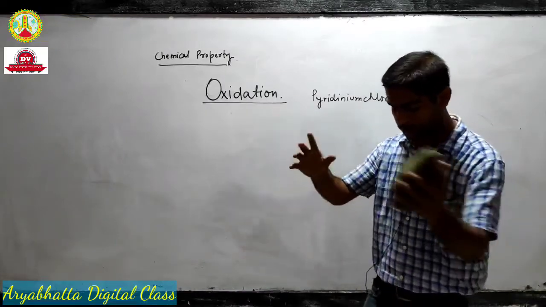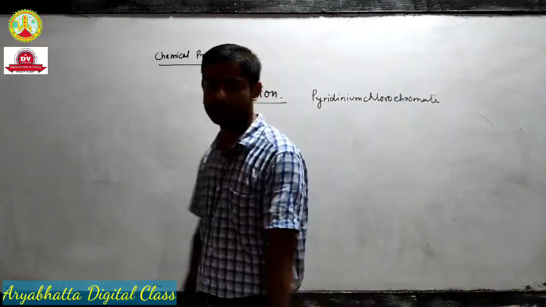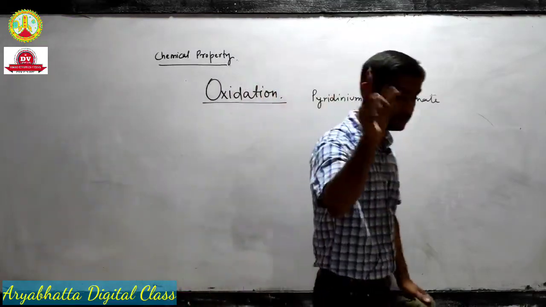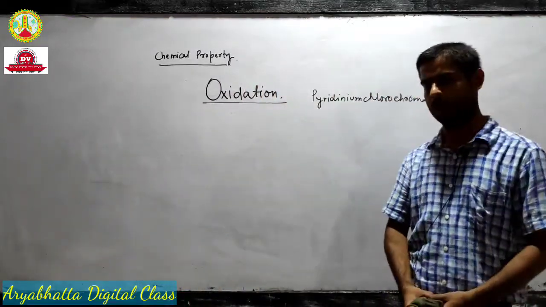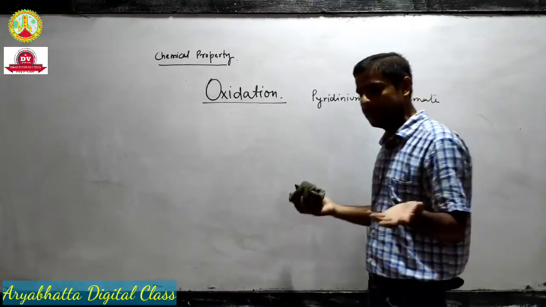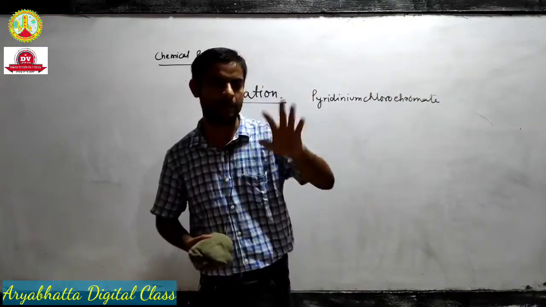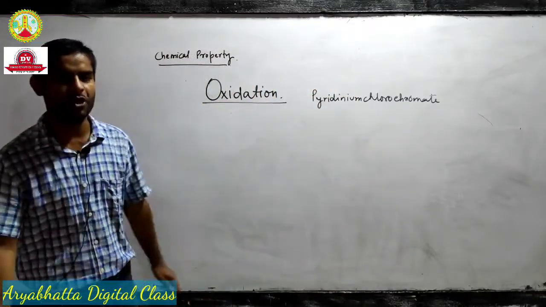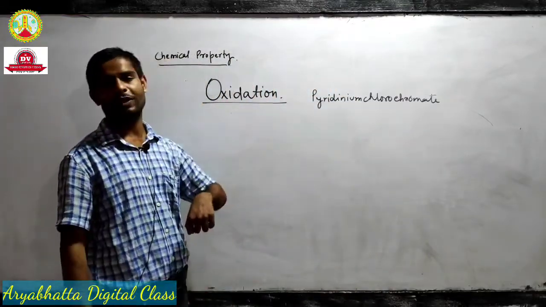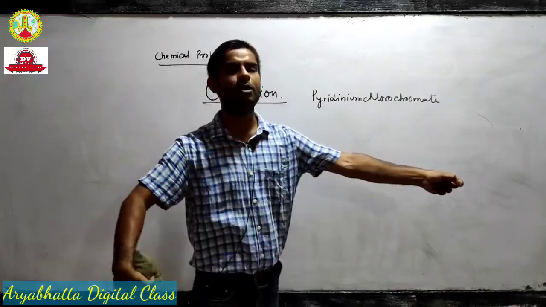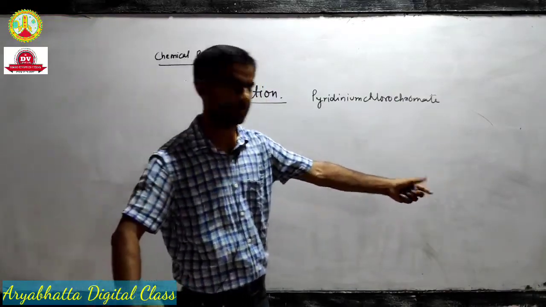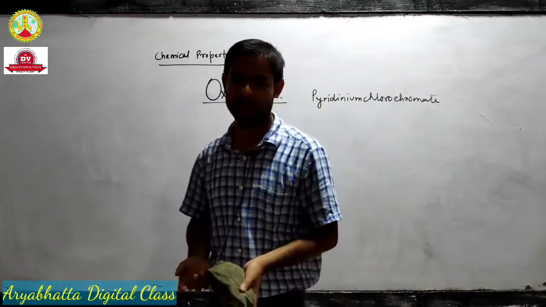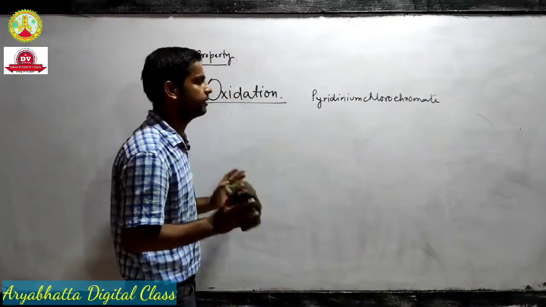Alcohol is in the class 12 syllabus, so it's a general method of preparation for alcohol. So in any way you have to practice class 11 reactions also. Don't think that class 11 reactions are not important. Most of the reactions of class 11 are actually general methods of preparation in class 12. So you have to go through those reactions. There's no other way. You have to practice a lot.